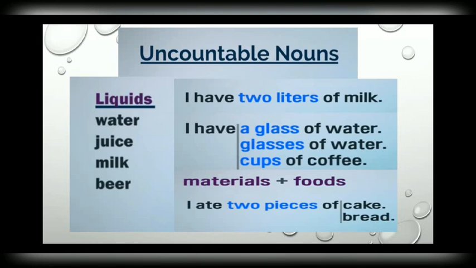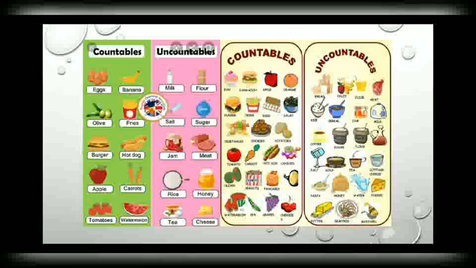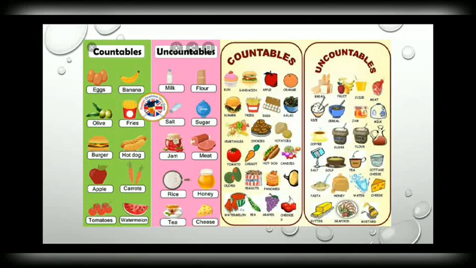These are uncountable nouns. So we can count them as, for example, I ate 2 pieces of cake, bread, I have a cup of coffee, I have glasses of water. Write these examples in a notebook.